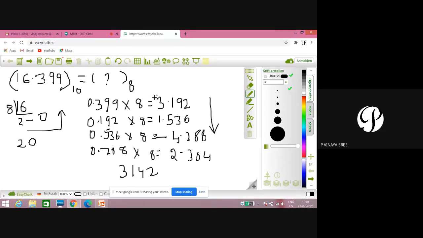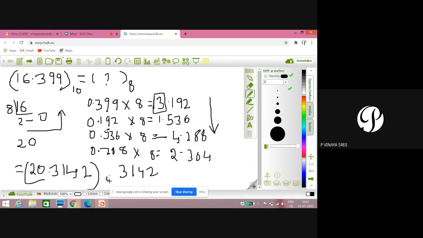While calculating you have to specify it like this. So this is 3, 1, 4, 2. Finally, the octal equivalent of 16.399 is 20.3142 in base 8.